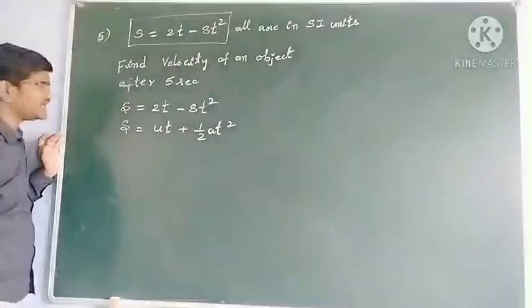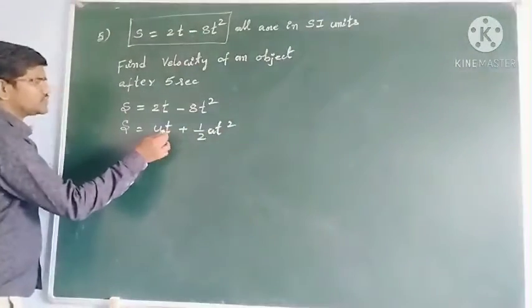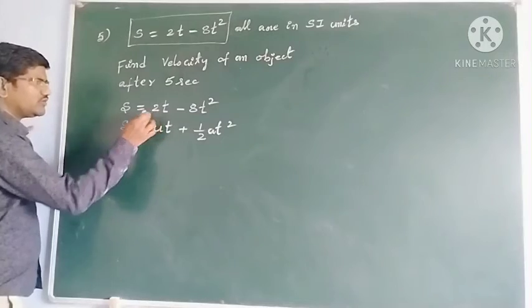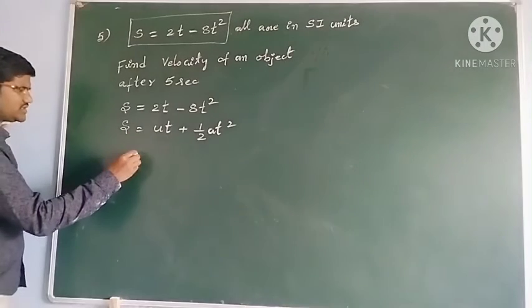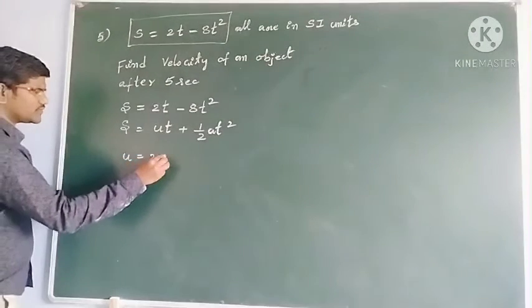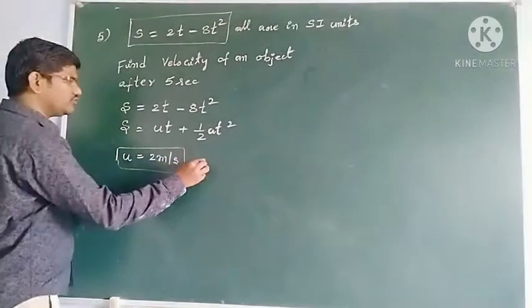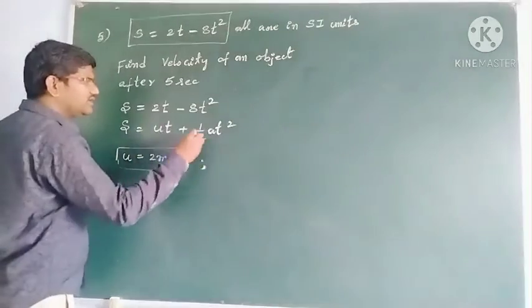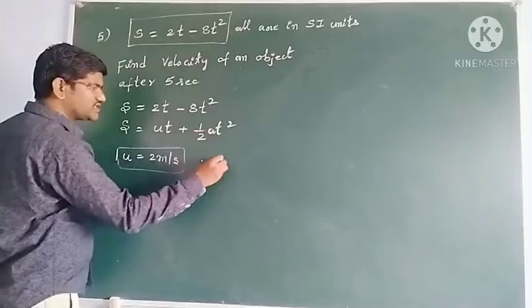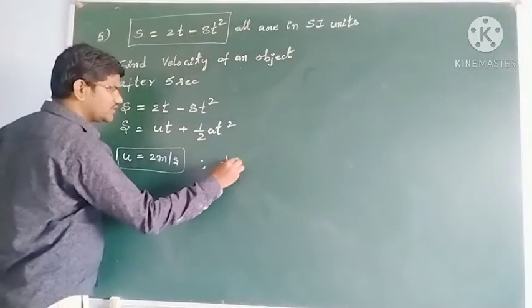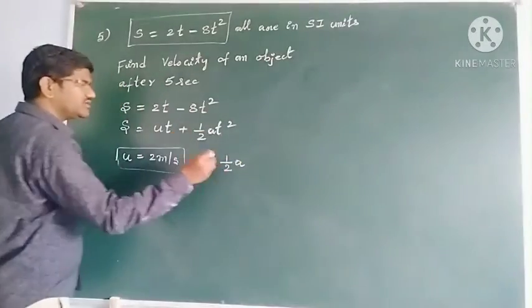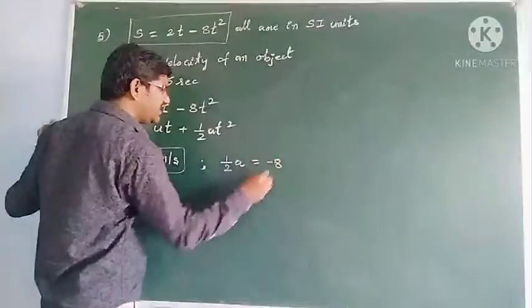So here the t coefficient is u, here the t coefficient is 2. Then u is equal to 2 meters per second. This is the initial velocity u value, and the t square coefficient is half a. So then half a is equal to, here the t square coefficient is minus 8.